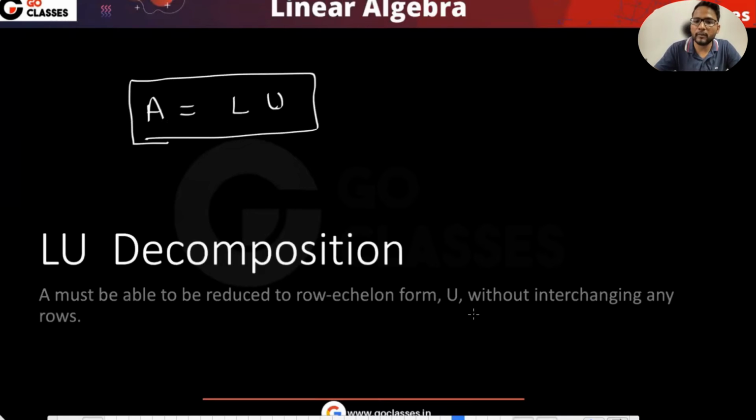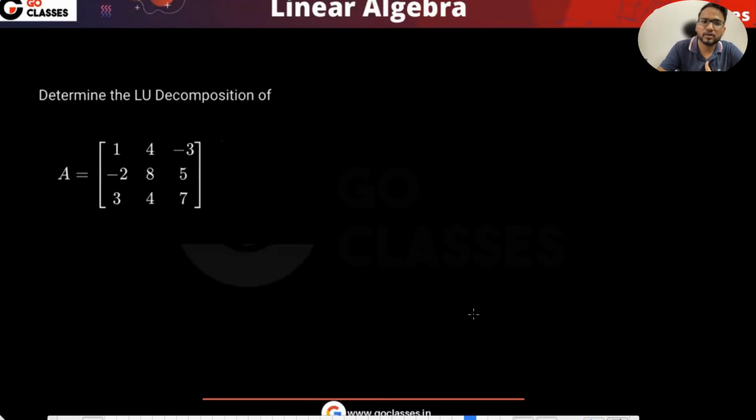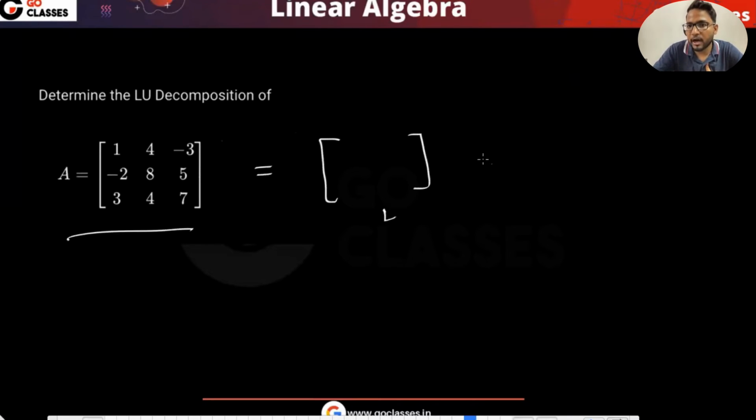So let me go about telling both the methods, and let me tell what this LU decomposition is. Basically, given a matrix, you want to divide this matrix into two parts, such that one matrix is lower half and another matrix is upper half. Let's suppose it is 3 by 3, then you will be having 1 0 0, some non-zero, 1 0, some non-zero, non-zero, 1.